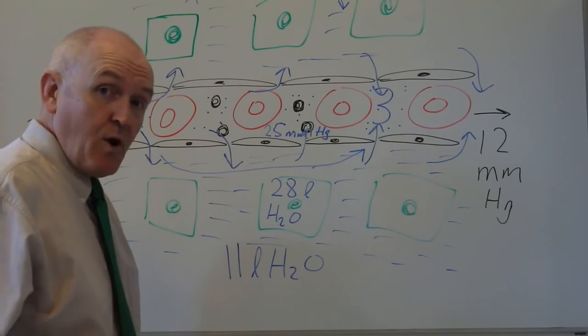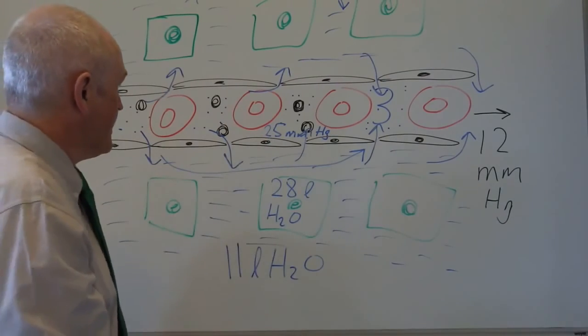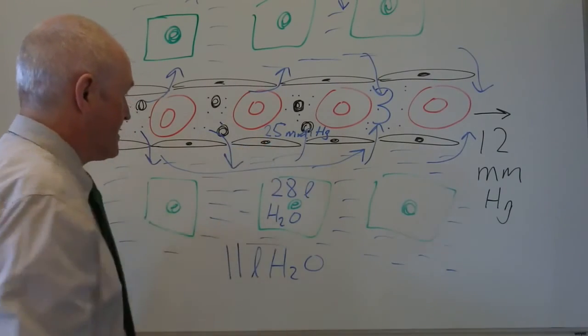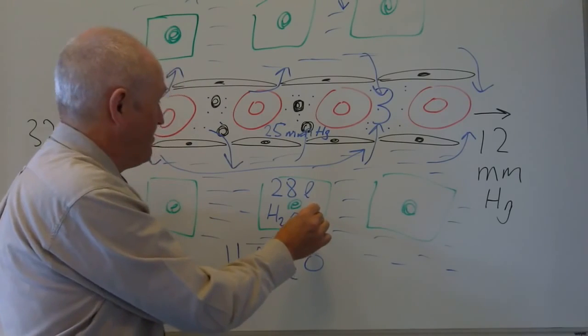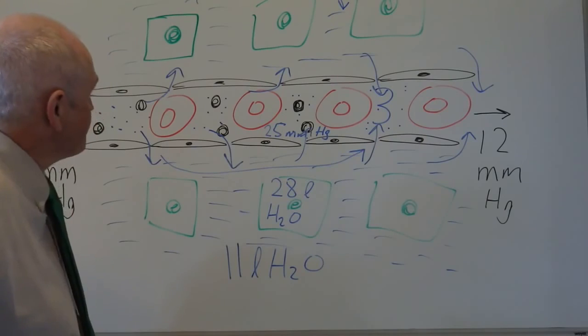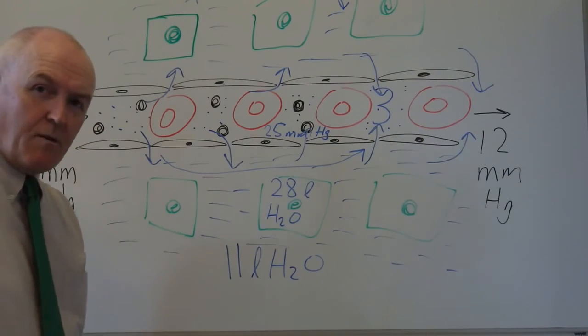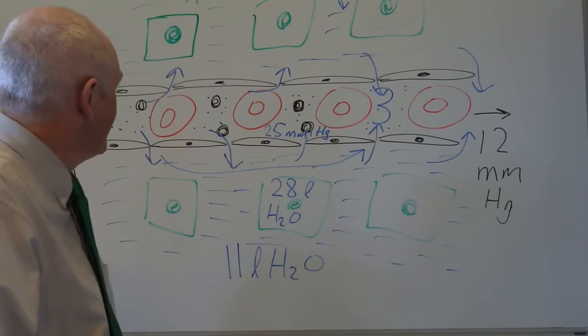So this diagram quite nicely shows us the intravascular compartment, the interstitial compartment, and the intracellular compartment, the compartment inside the body cells. Compartmentalisation of body fluids in this tissue.